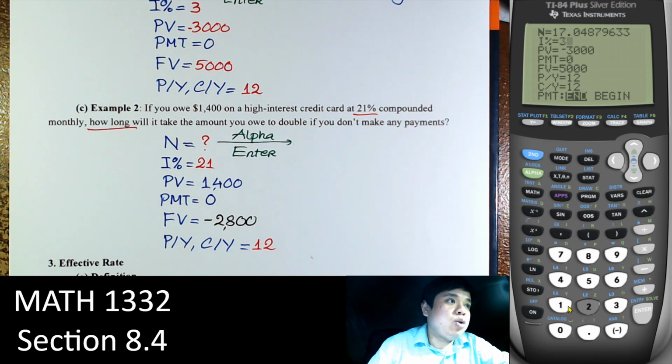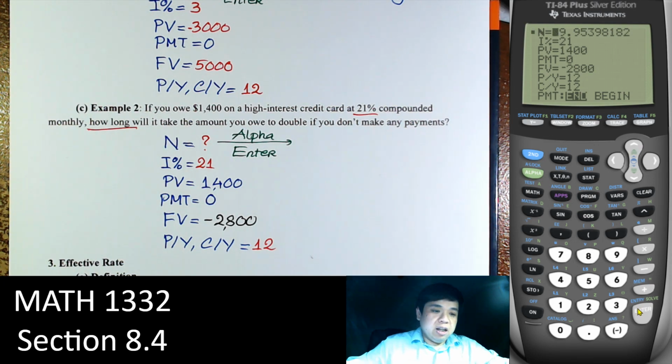Interest rate 21%. I'm just going to leave the N there, of course we're going to solve for that later. Present value, we got 1,400. Now, don't make any payment, but we have to return double that amount, so 1,400 times 2, 2,800. And yes, 12 times a year. Now just highlight here, alpha, enter.